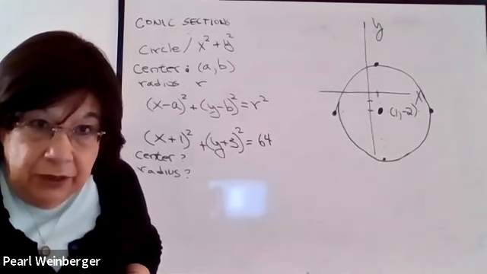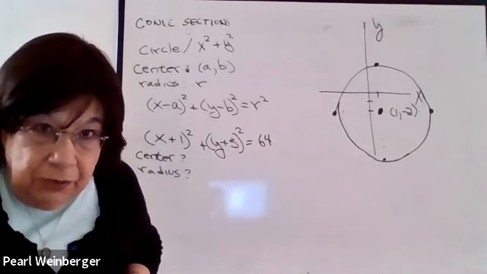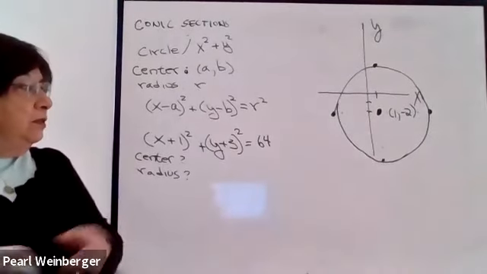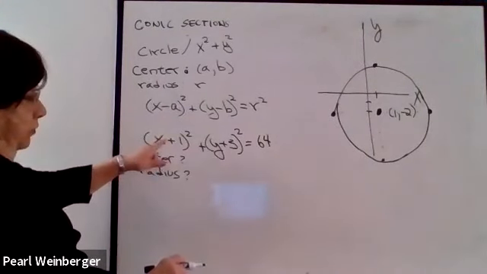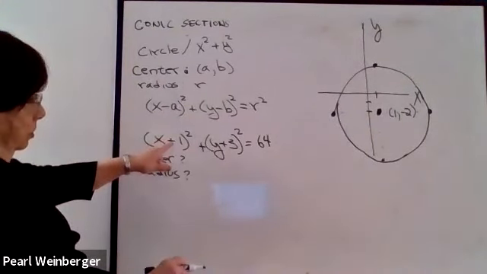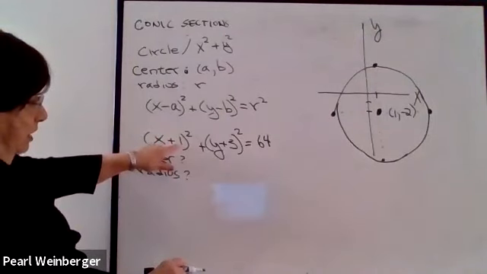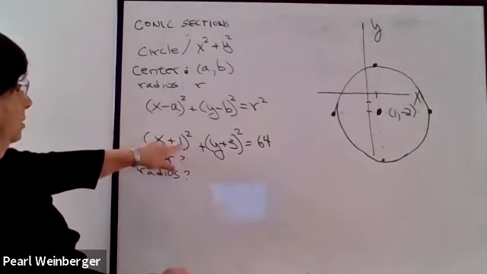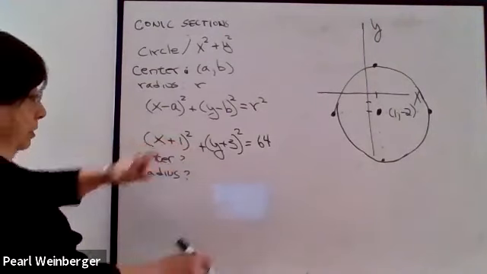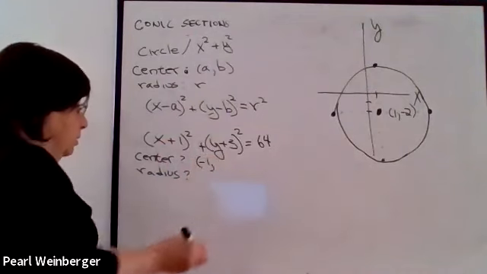Okay, I see Abba has come up with an answer. So I think we can look at this problem and see if he's right. Remember, to find the center, we have to look at the numbers inside the parentheses. Inside the parentheses with the x, there's a 1, so the x of the center is -1.